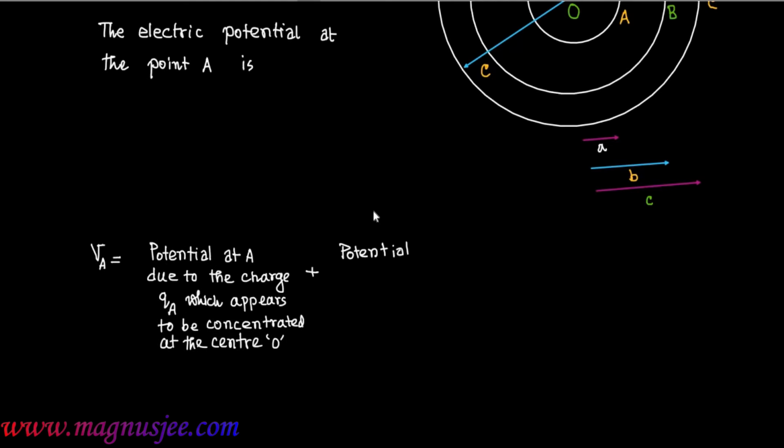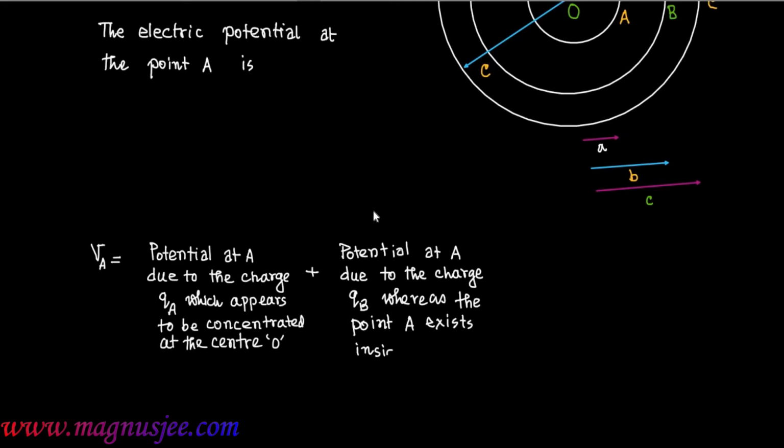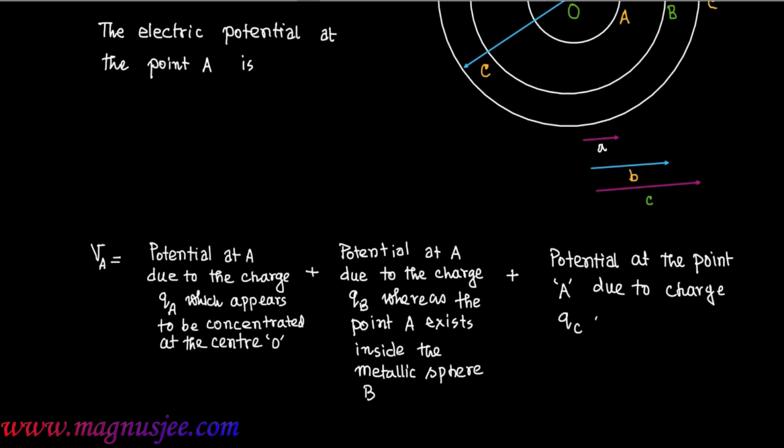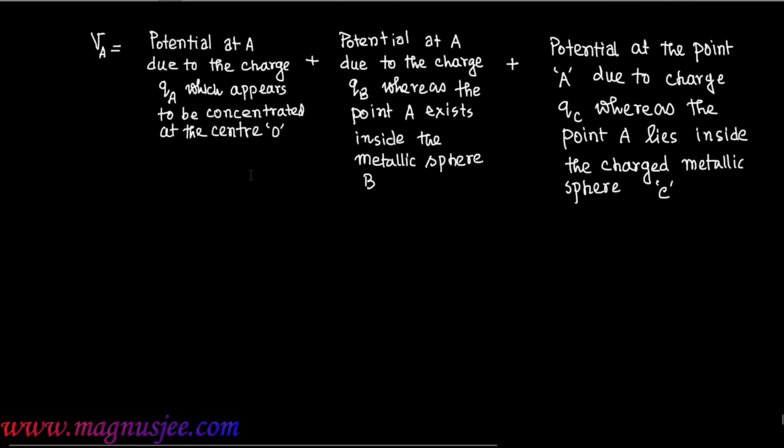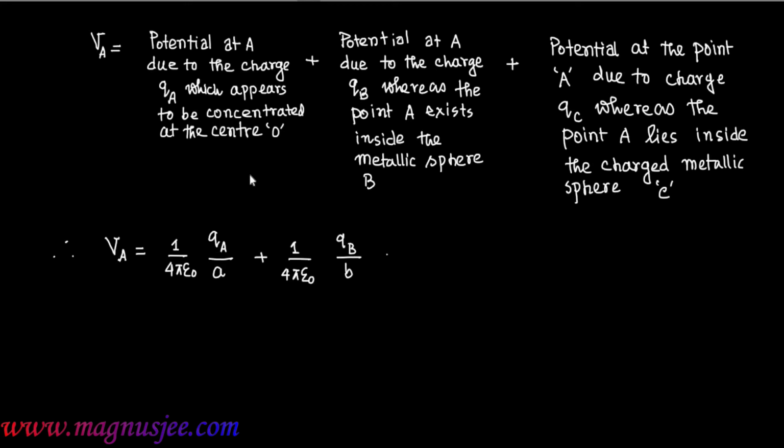And also plus the potential at A due to the charge QB, which is uniformly distributed over the surface of the shell B, where the point A exists inside the charged metallic hollow shell B, plus the potential at the point A due to the charge QC, where the point A exists again inside the hollow metallic shell C. So VA equals 1 by 4 pi epsilon 0 QA by a plus 1 by 4 pi epsilon 0 QB by b plus 1 by 4 pi epsilon 0 QC by c.